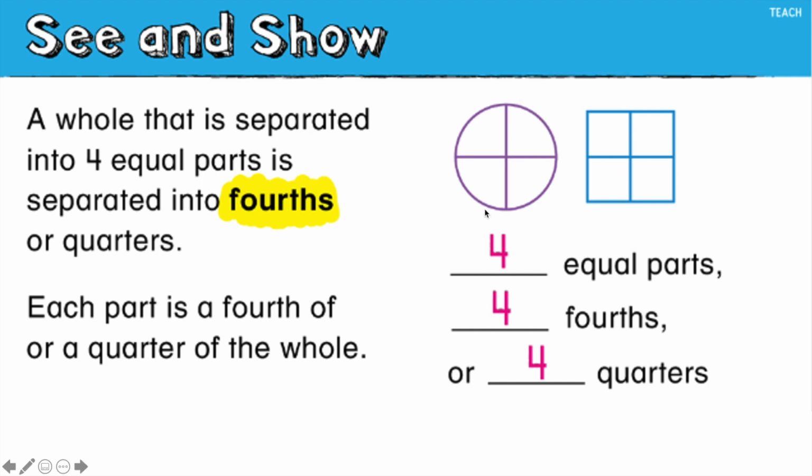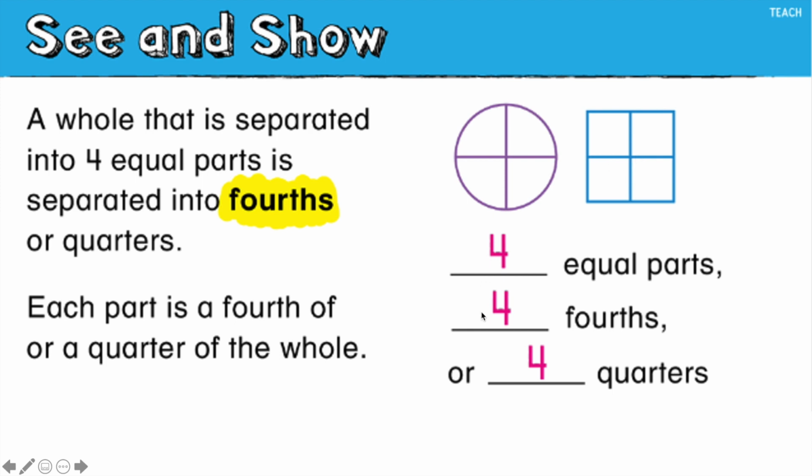If you look at the circle, it's cut into 4 equal parts. Therefore, each part is called a fourth or a quarter. The square is also cut into 4 equal parts.